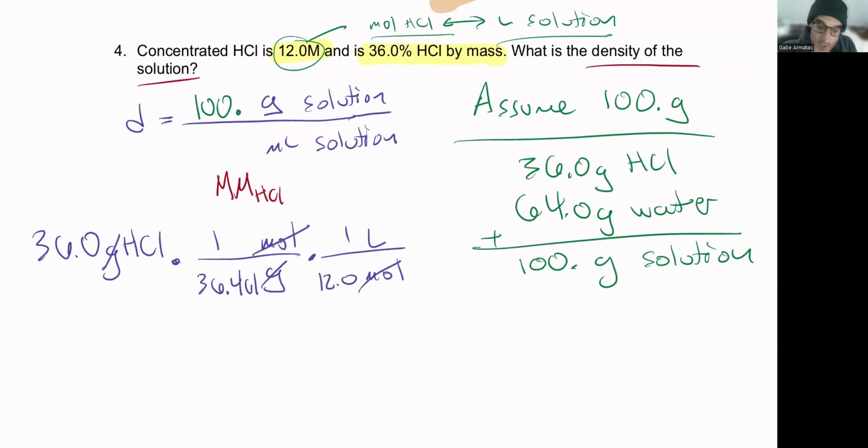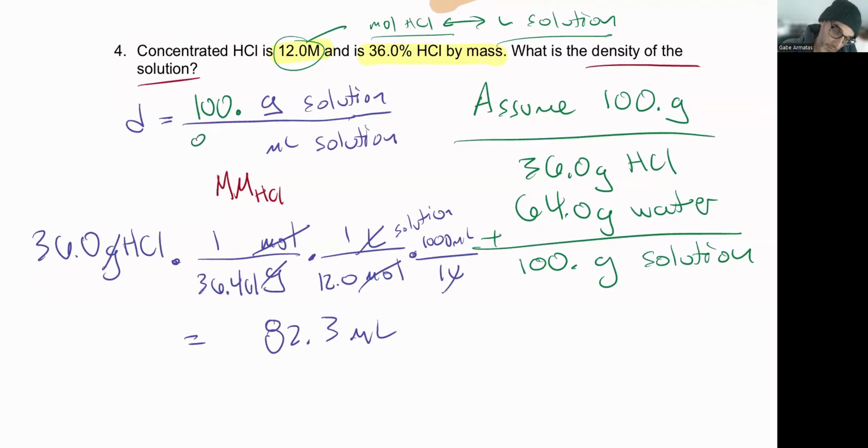This is going to give me liters of solution. And then we can do a quick conversion times 1,000 milliliters over 1 liter to do the conversion into mils. I end up with, if I do the math, 82.3 milliliters of solution.